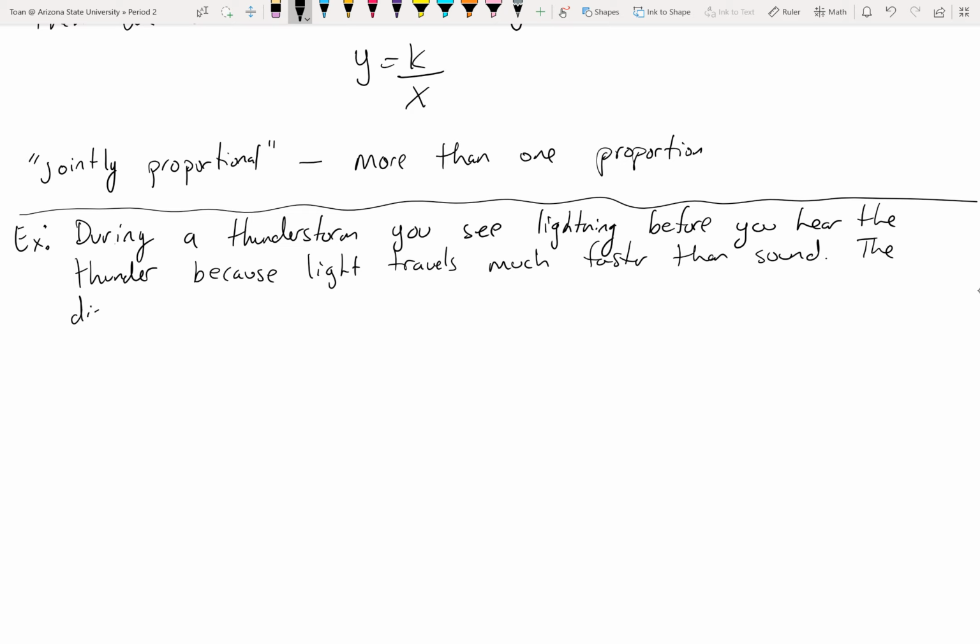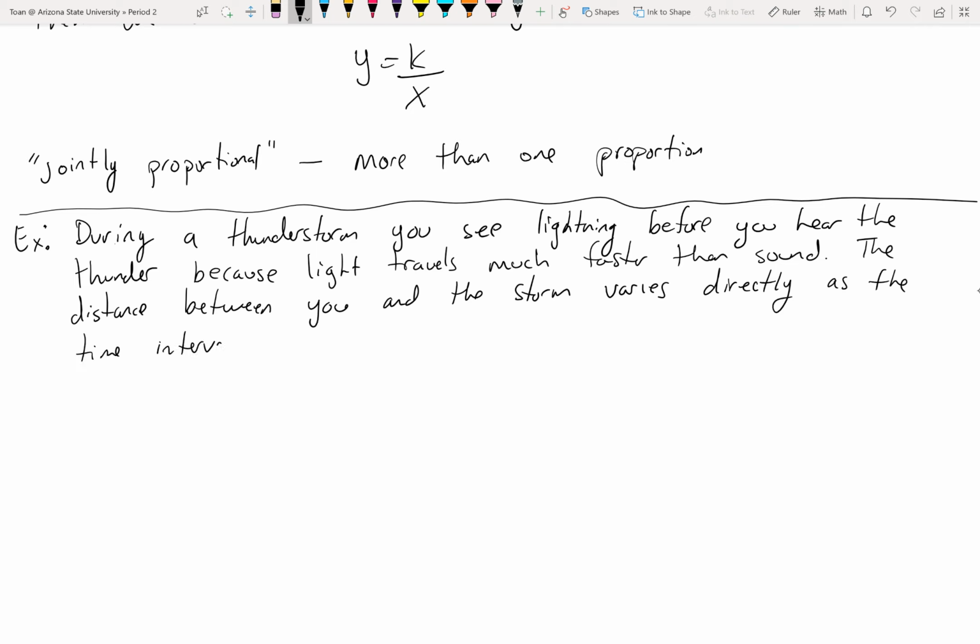The distance between you and the storm varies directly as the time interval between the lightning and the thunder.